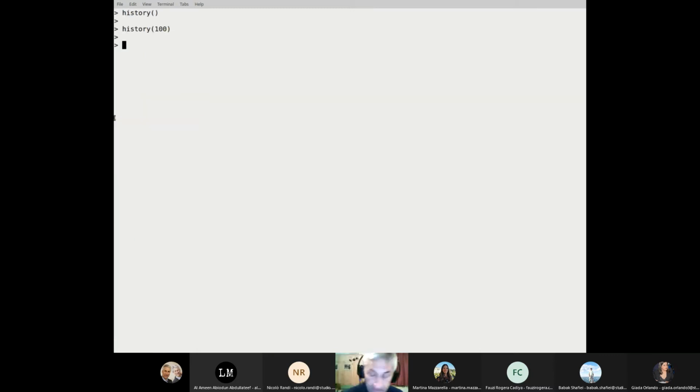Now, at this stage, we know basically how to use basic tools in R, how to use variables, how to use vectors, how to compute functions on vectors and variables, how to save, how to get back to the previously saved file.